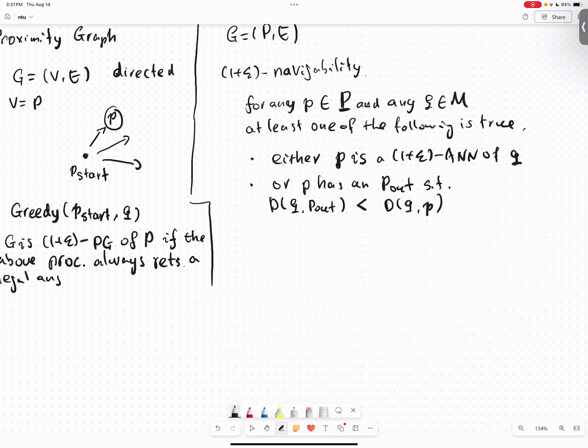Now, for the second part of the seminar, I'm going to introduce one proximity graph in the literature that has become famous since 2023, because in 2023 there was a NIPS paper by Indyk, an MIT professor, and also his student.